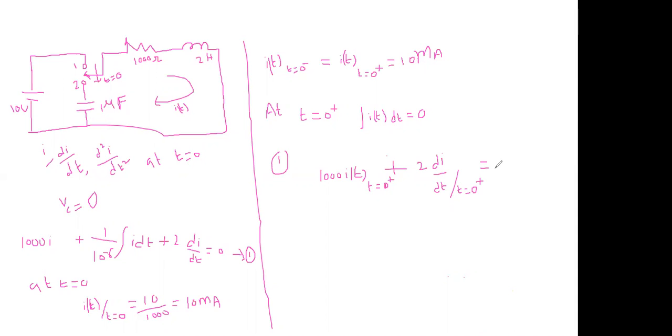So we know that the I of t at 0 plus value is 10 milliampere. 1000 into 10 milliampere, 10 milliampere means 10 into 10 power minus 3, plus 2 di by dt.